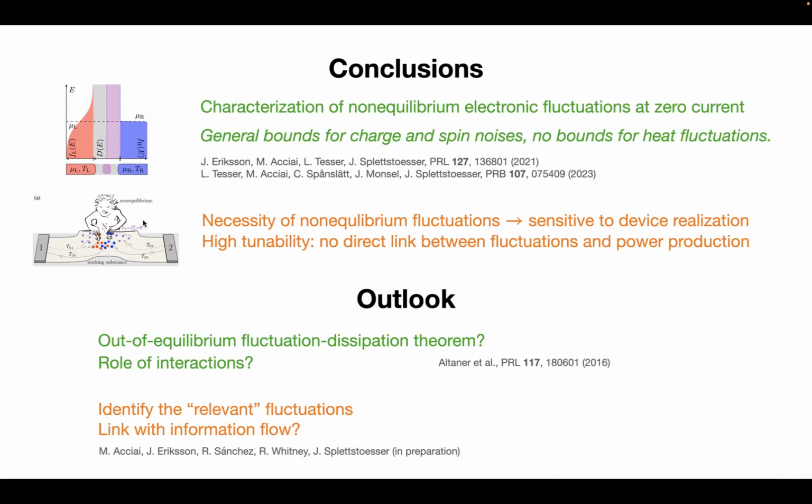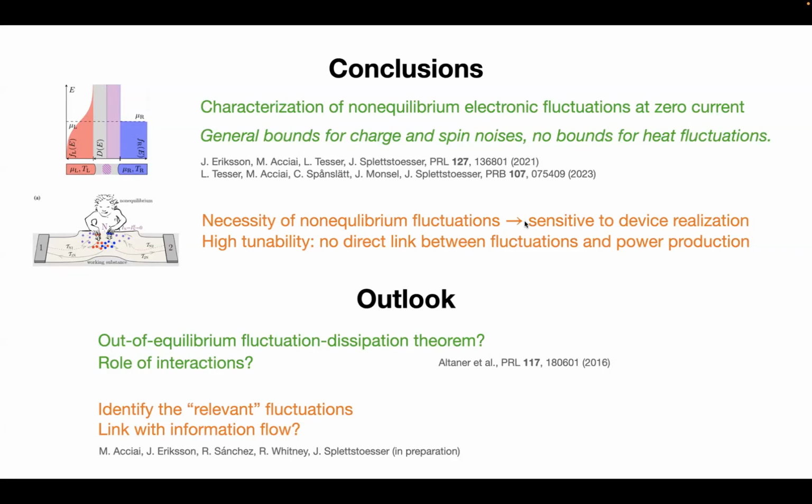And in the second part, with this non-equilibrium demon, the results we have so far say that of course there has to be noise for the device to work, and then the actual outcome in terms of how the noise looks like is very much dependent on the device realization. So it's not the same just to have a description with 3, 4, or many more terminals.